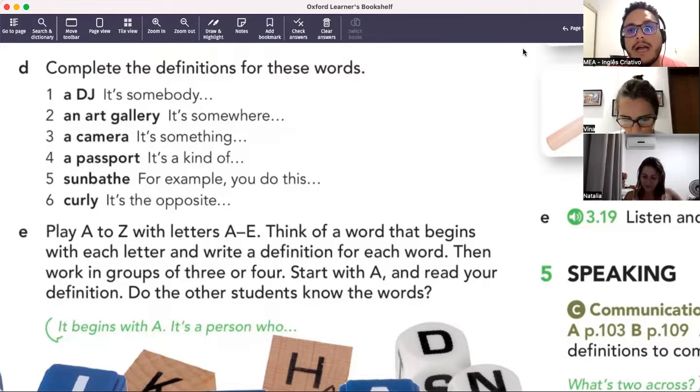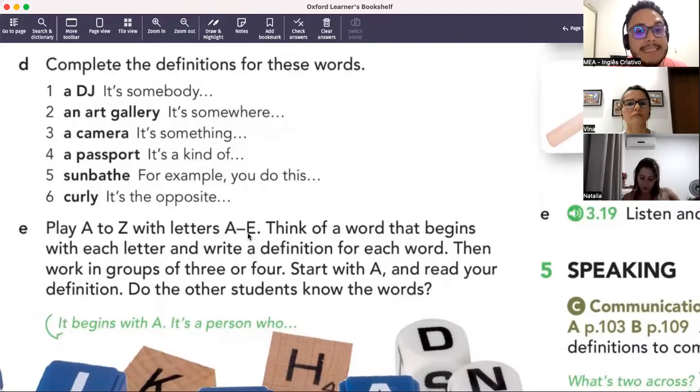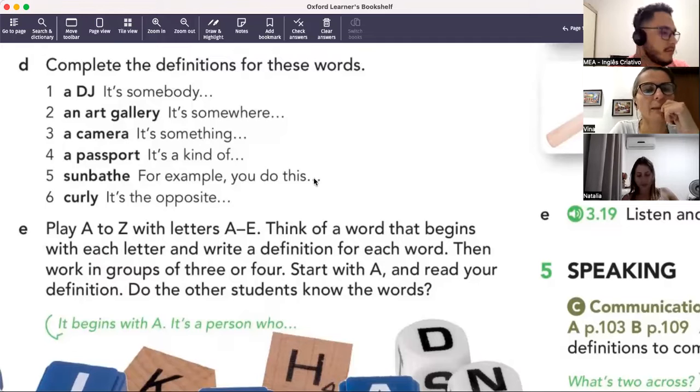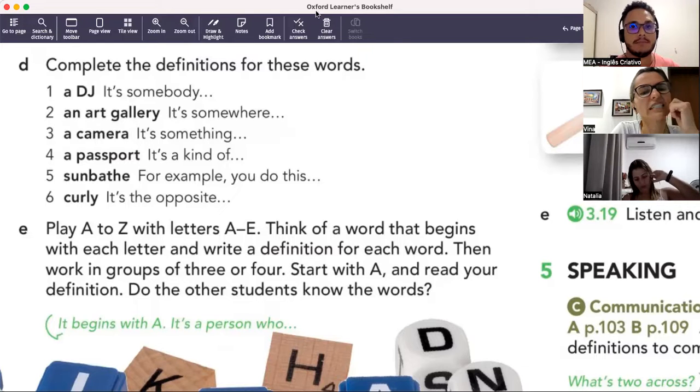Now, you're going to write your own definitions for a DJ, an art gallery, a camera, a passport, sunbathe, and curly.